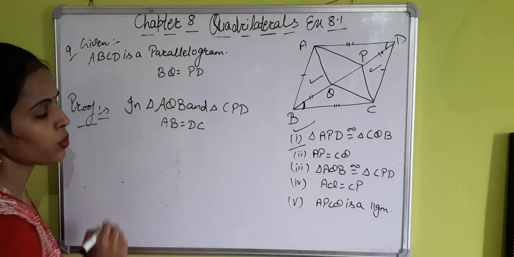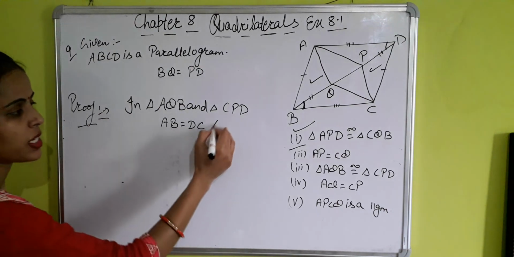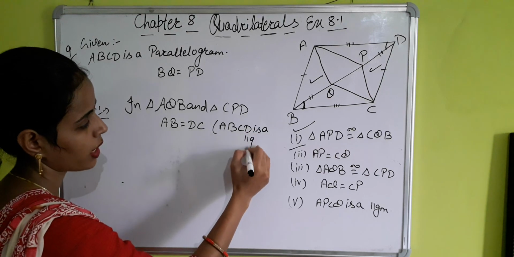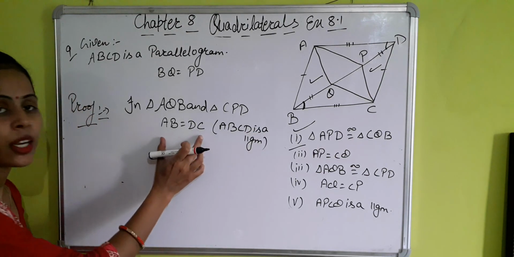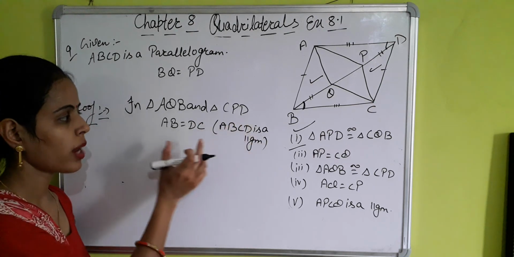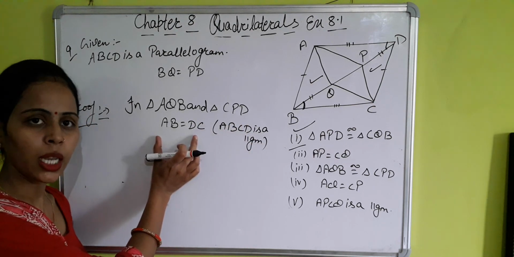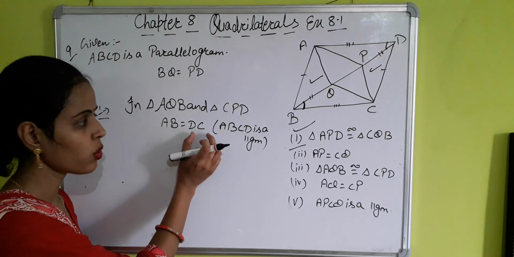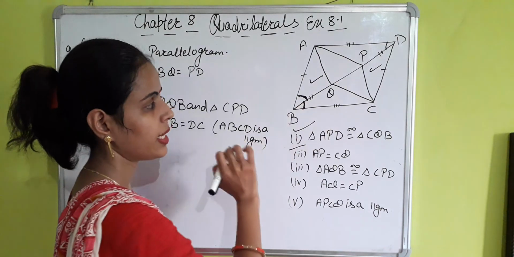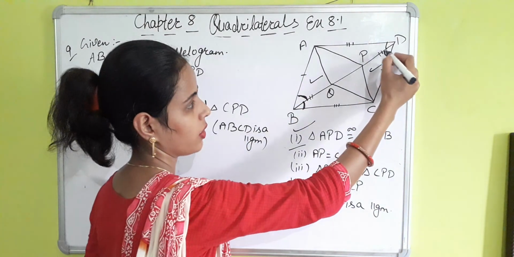AB equals to DC because ABCD is a parallelogram. Or you can also write, these are the opposite sides of the parallelogram. AB equals to CD. Second one is this angle and this angle.